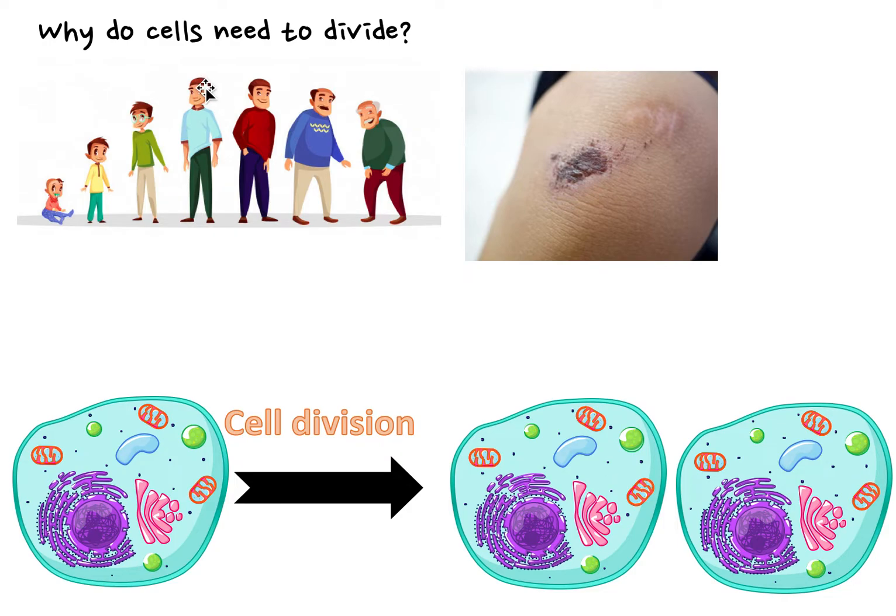So that's one reason why. And another one is because of injuries, okay? So say you fall your absolute face off on the concrete and you scrape off all your skin and you form a scab. The only way this can heal is if the cells around it divide to replace these dying cells or these dead cells here, okay? So that's another reason why cell division is so important.